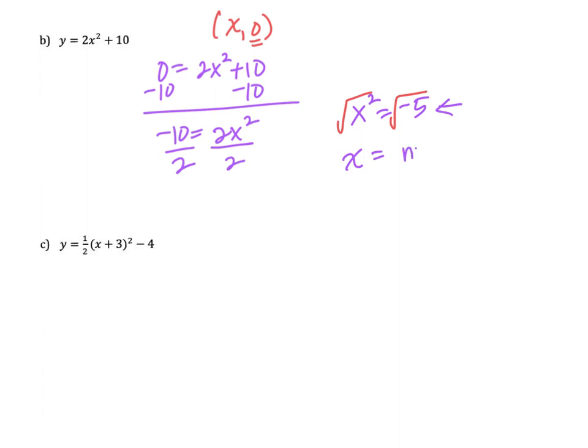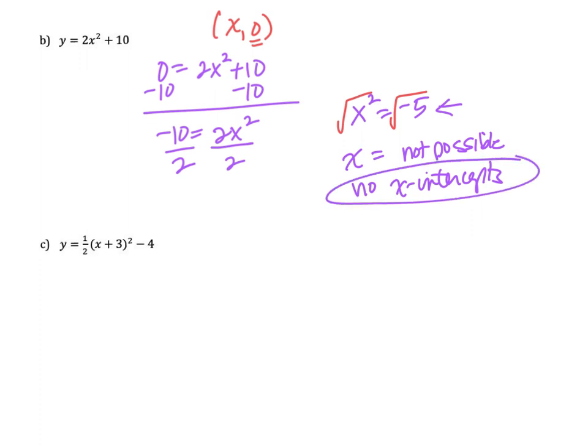No. So this is not possible. It doesn't have any real roots. Or actually what we'll say is there are no x-intercepts. So this means that it does not cross the x-axis. There are no x-intercepts.